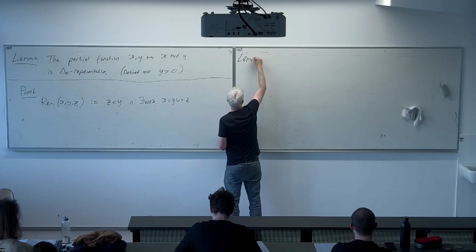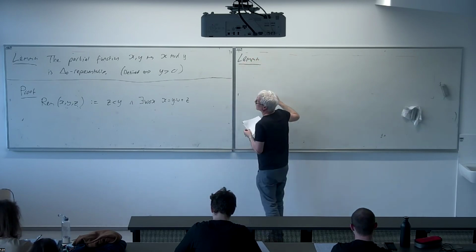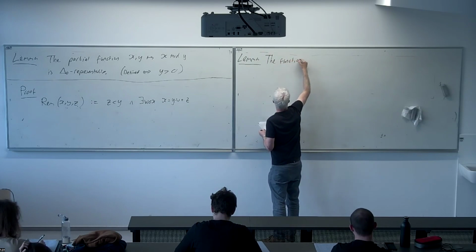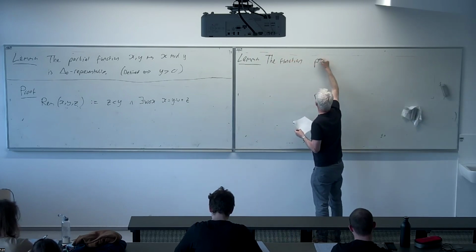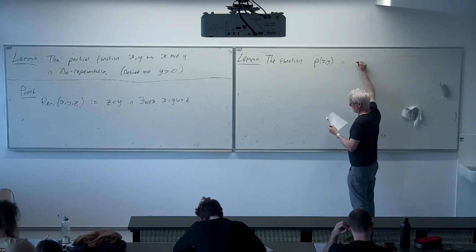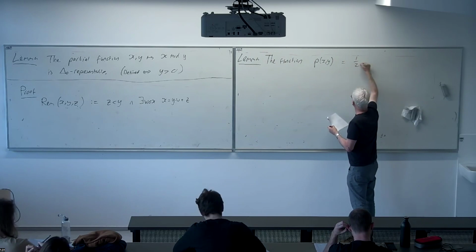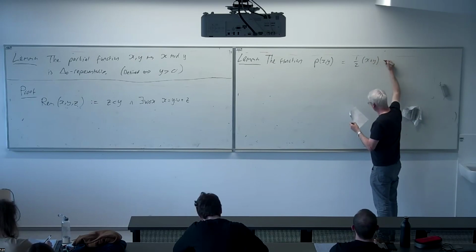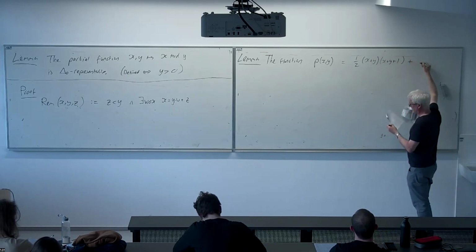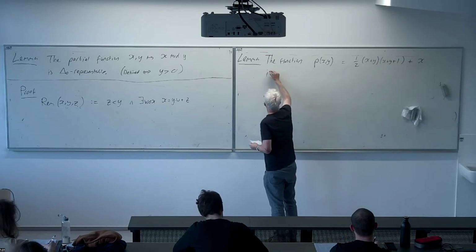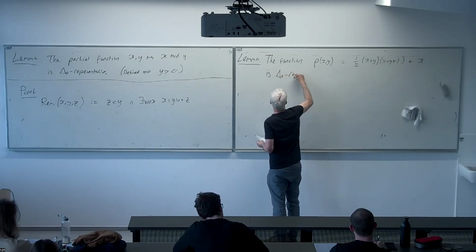So lemma: the function p(x,y), defined to be a half times (x plus y) times (x plus y plus 1) plus x, is delta 0 representable.